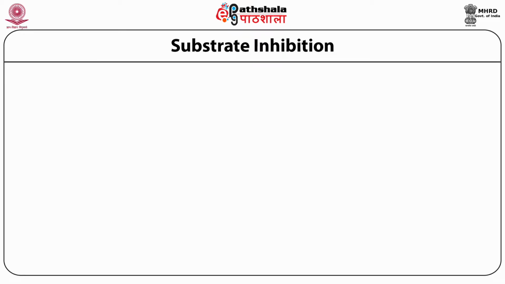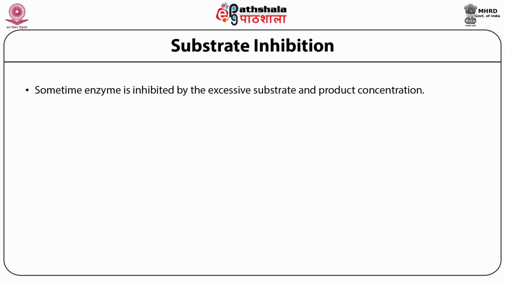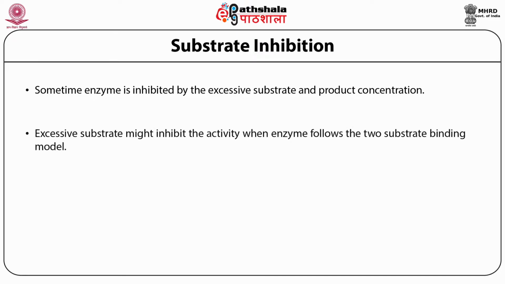Usually substrate does not act as an inhibitor for the enzyme, but sometimes if we have excessive substrate and the enzyme follows the two substrate binding model, then it may act as an inhibitor. It always acts as an inhibitor when we have higher substrate concentration.